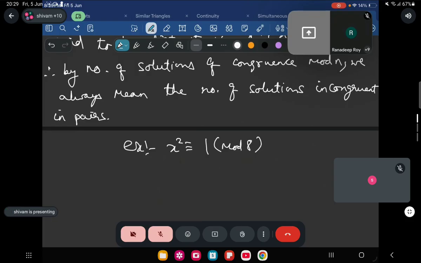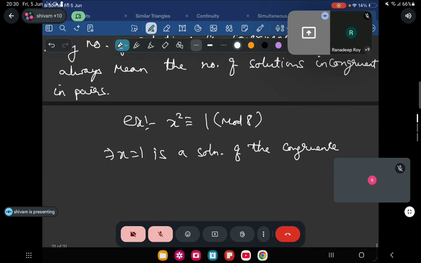So over here, x equal to 1 is a solution of the congruence, right, everyone? So I can say x equal to 8k plus 1 is a solution of this congruence.